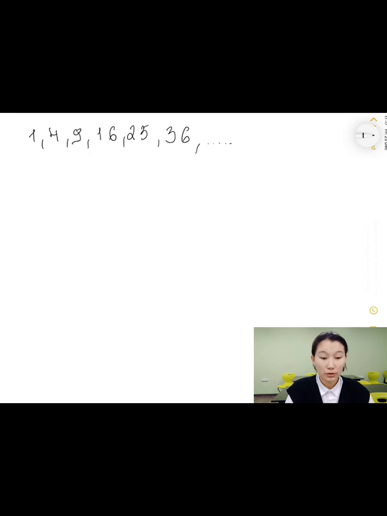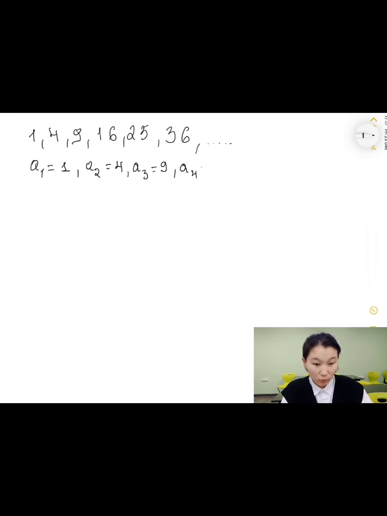So for the above list, a1 equals 1, a2 is 4, a3 is 9, a4 is 16, a5 is 25, a6 is 36, and an equals n squared.